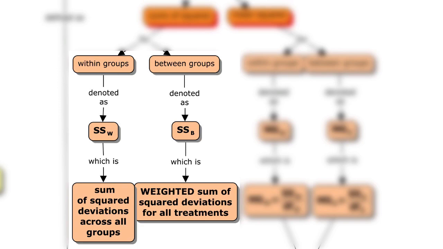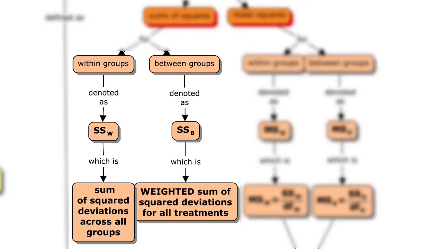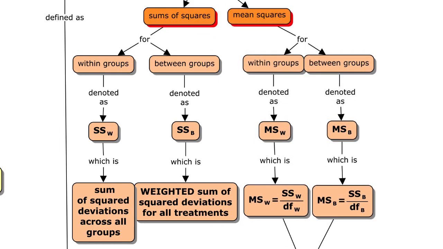The sum of squares within, denoted as SS sub W, and the sum of squares between the groups, denoted as SS sub B, where the sums of squares within is equal to the sum of squared deviations across all groups, and the sum of squares between is a weighted sum of squared deviations for all treatments. More details of these calculations or formulas can be found in your textbook.